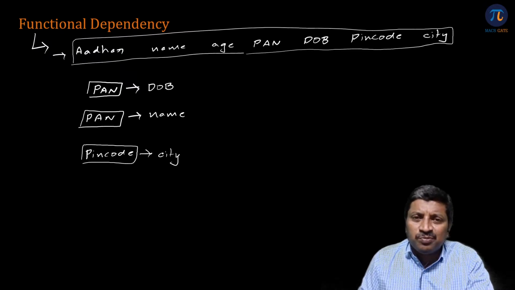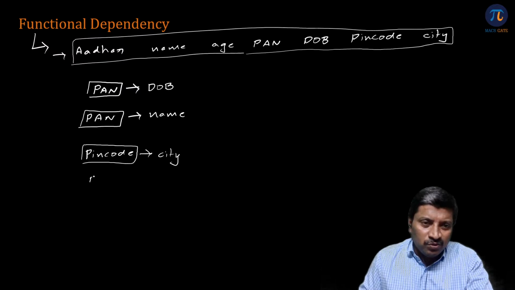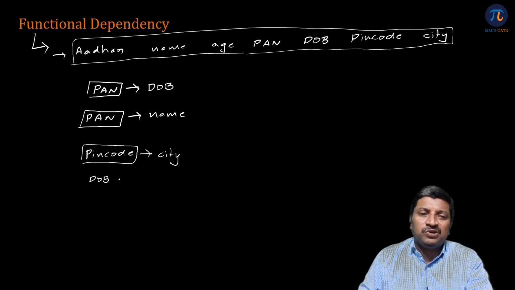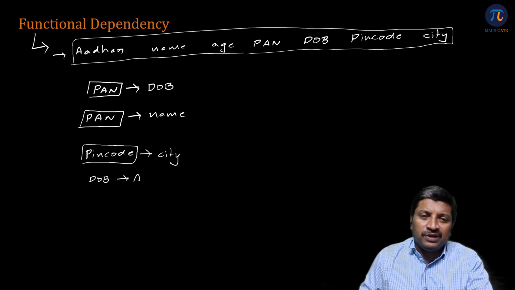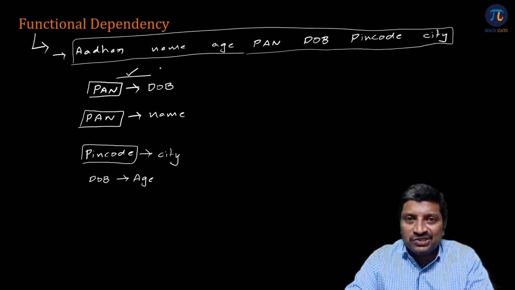This is one more example of a functional dependency. Suppose I know date of birth of a particular candidate. Can you get the age of the candidate? Yes, of course. So these are good examples of functional dependencies in this example.